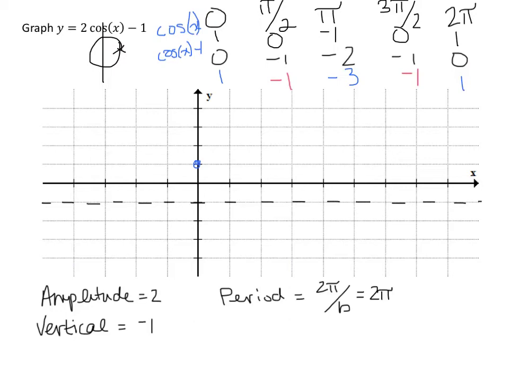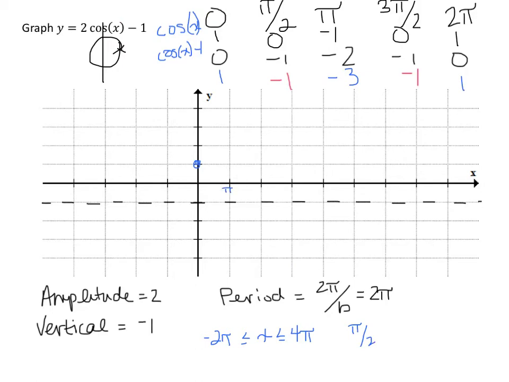The thing that I did not do was talk about labeling this graph. I tend to have my x value go from -2 pi to 4 pi, and I tend to go in increments of pi over 2.